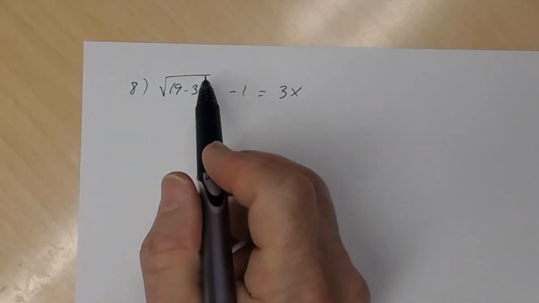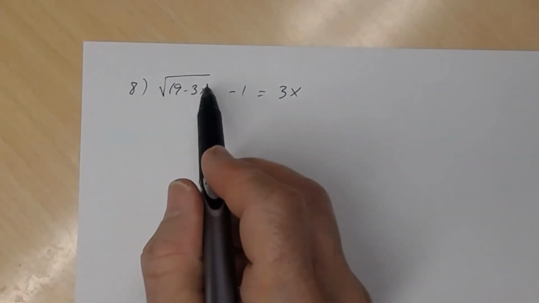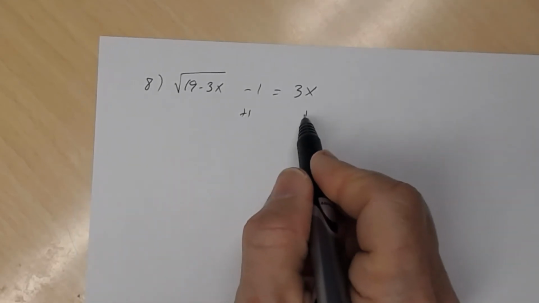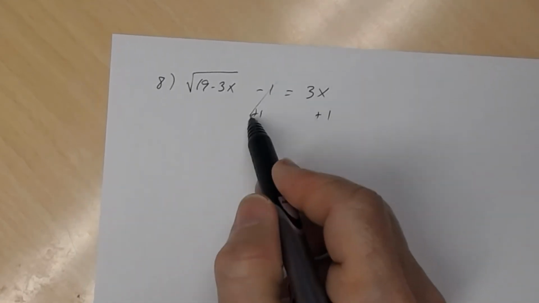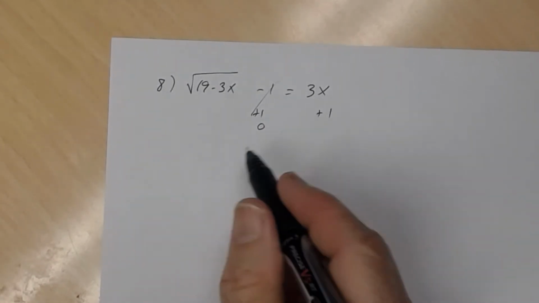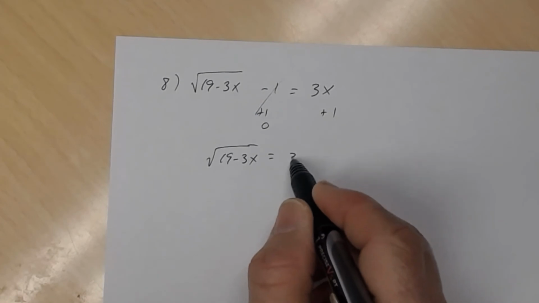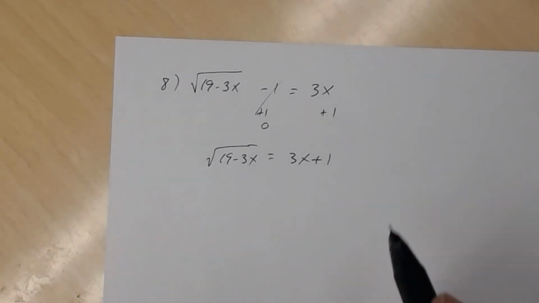Again, we're going to get the square root by itself. So I'm going to add 1 to both sides. When I do that and combine like terms, I get the square root of 19 minus 3x equals 3x plus 1.